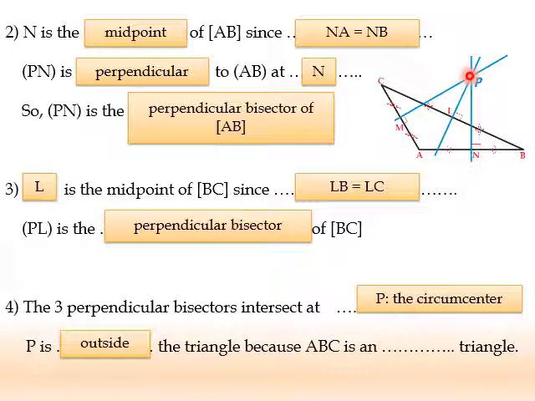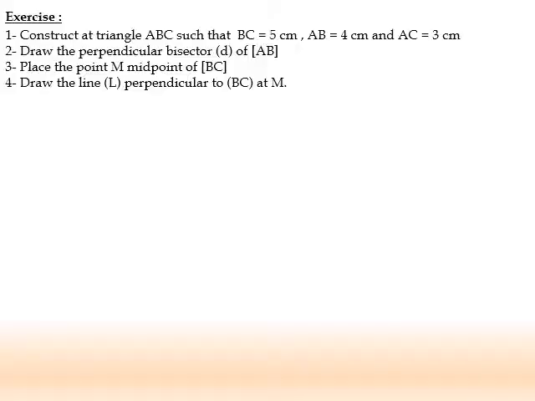And why is it outside? Simply because ABC is an obtuse triangle, since it has an obtuse angle CAB, and we know that in an acute triangle, the circumcenter is inside the triangle, while in an obtuse triangle, the circumcenter should be outside the triangle.